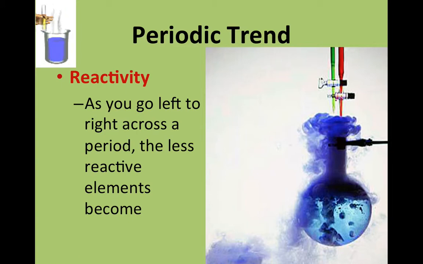So they're more reactive on the left, less reactive on the right. All right, so now we're going to take turns and practice writing the Lewis structures, or electron dot diagrams, and we're also going to focus on trends and interpreting the periodic table today. All right, thank you very much.